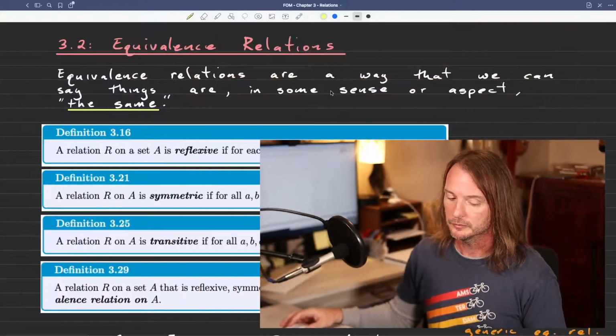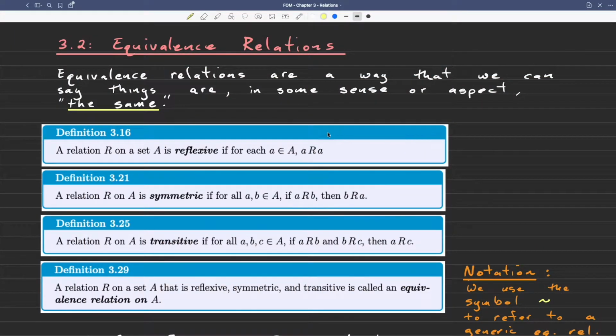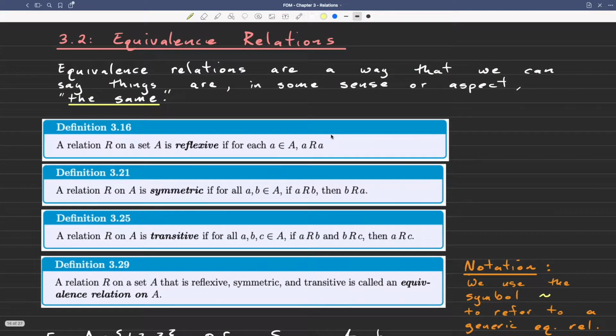So here are the algebraic properties that we need to have to define an equivalence relation. We've got these three properties. The first one is the reflexive property, the second one's the symmetric property, and the third one's the transitive property. So let's go through these three properties one by one. But before talking about the specifics of those, I just want to point out that an equivalence relation on a set is just a relation on the set that has those three properties.